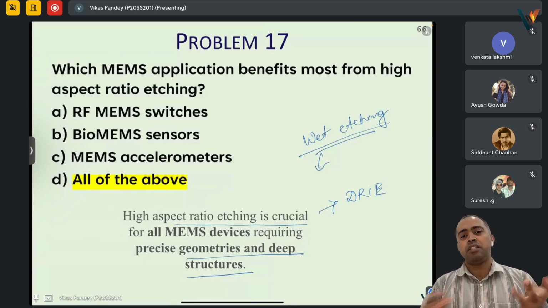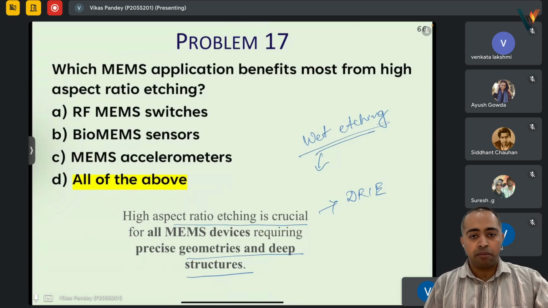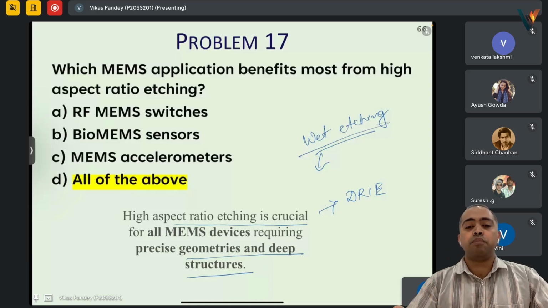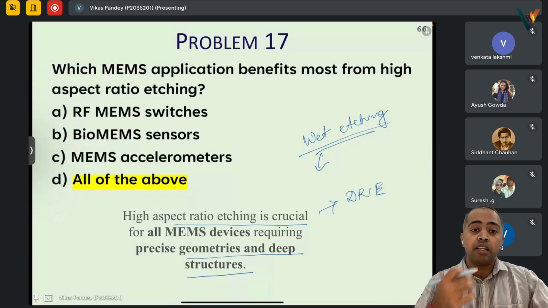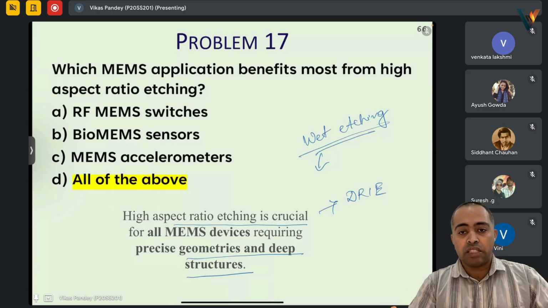Sometimes, if the aspect ratio has no effect on our structure, why waste so many resources, time, and cost on a process like reactive ion or deep reactive ion etching. But if it is critical to the structure or critical for the sensor, we go for it.